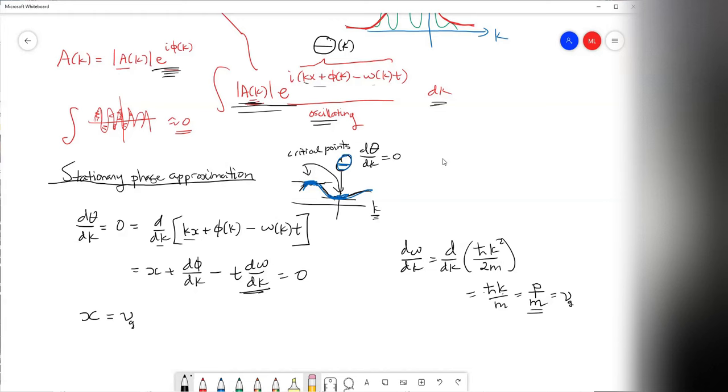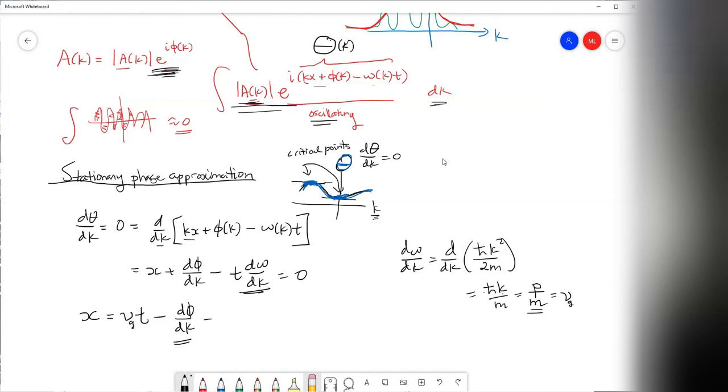So it tells you how fast the whole wave moves. So I'm just going to call p over m v_g, and so from here you see that x has to be equal to t times v_g minus d phi dk. This thing does not depend on time, right? Because it just comes from the initial wave function, the initial Gaussian bump.